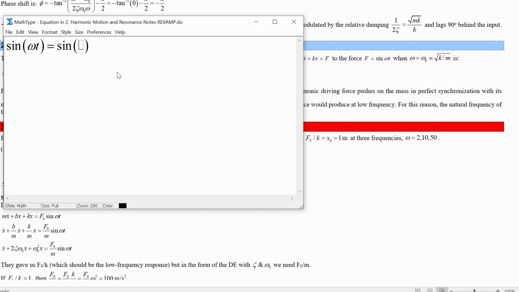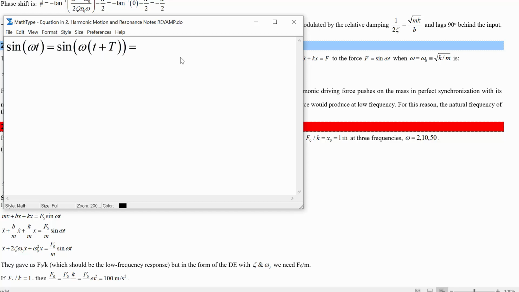So let's put in what period means. Period should be the value t, the smallest value of t, such that sine goes through just one cycle before it returns to being equal to this.